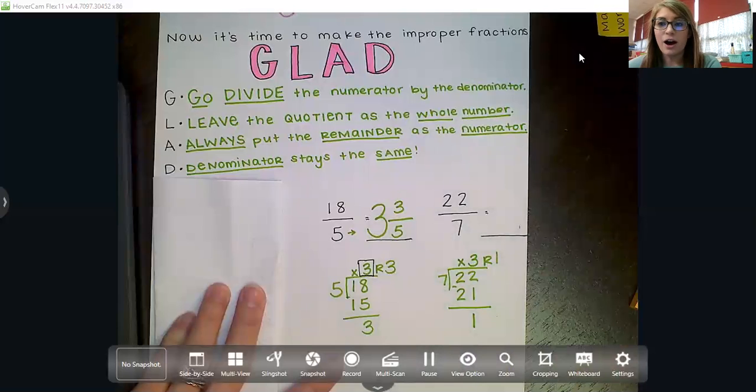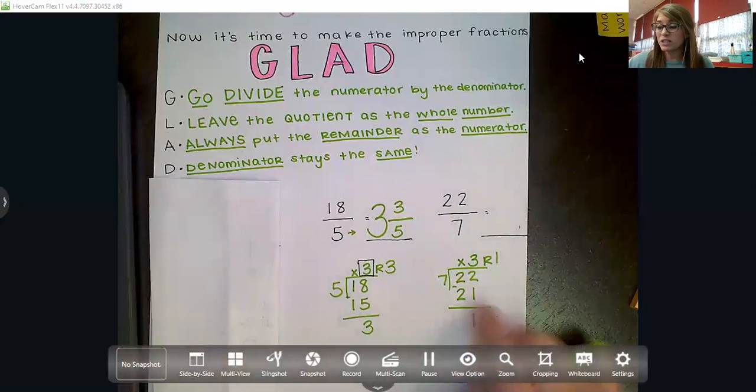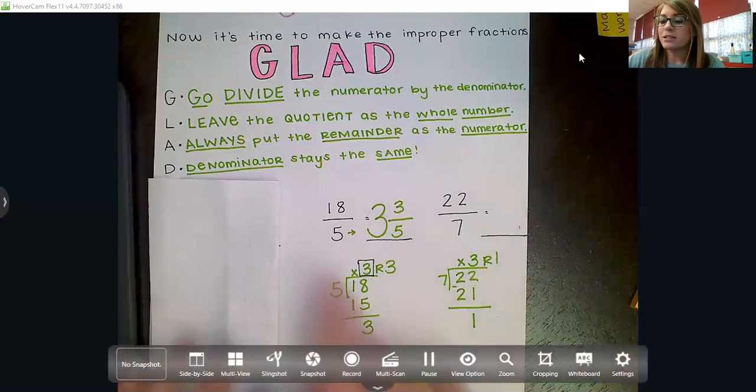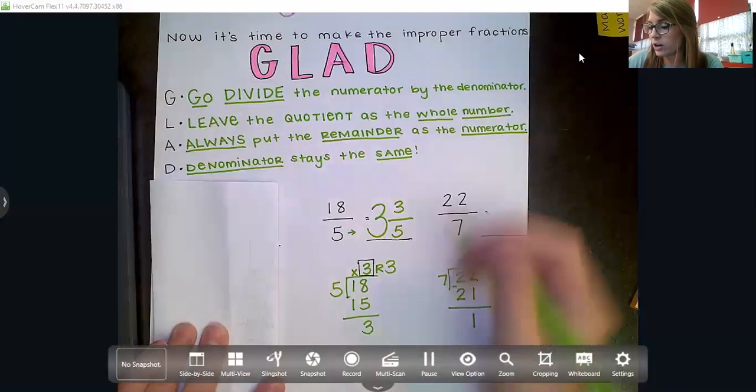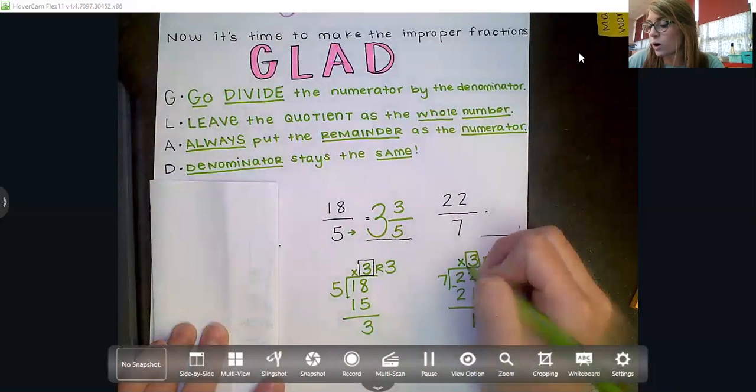Very good. All right, I know that feels like a long first step, but the good thing is that once you get this first step done, the rest is really easy because you already have all the numbers that you need. All right, so step 2, leave the quotient as the whole number. Which of these numbers is my quotient? The 3 or the 1? Very good. This is my quotient.